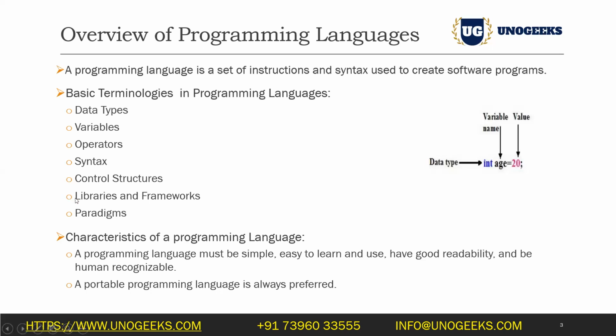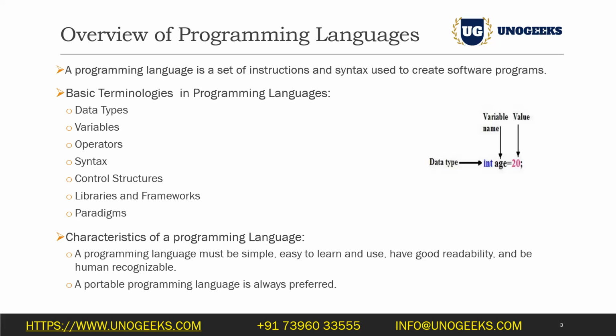It is because of these libraries and frameworks that we decide which programming language we should go for. You have heard about the Django framework, then the PyTest framework, and then Flask also. They are all types of frameworks.